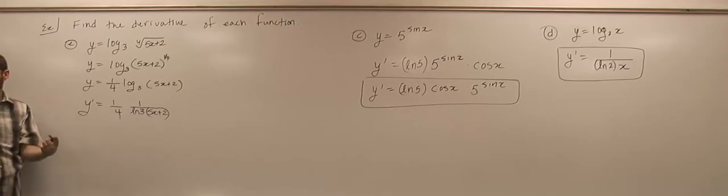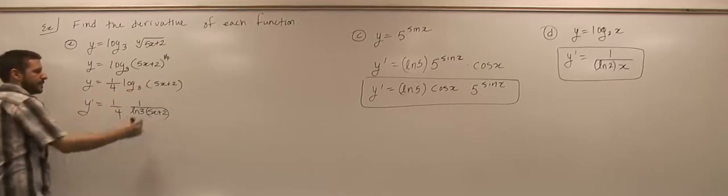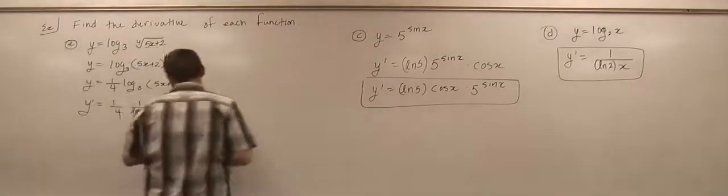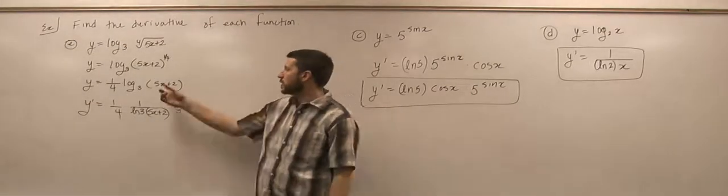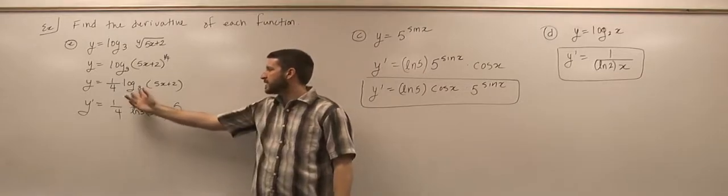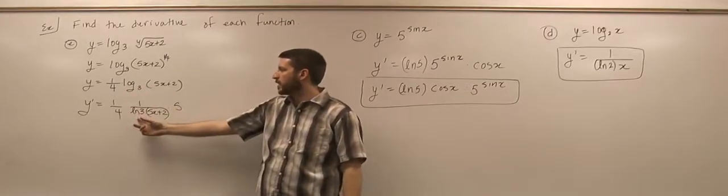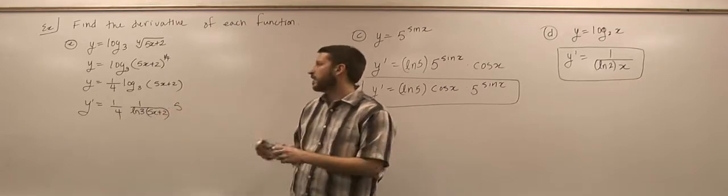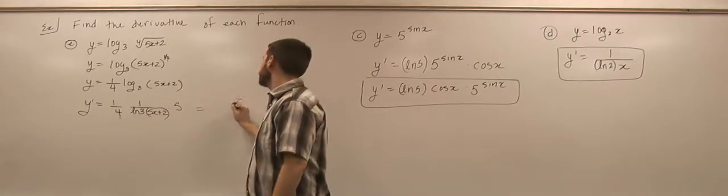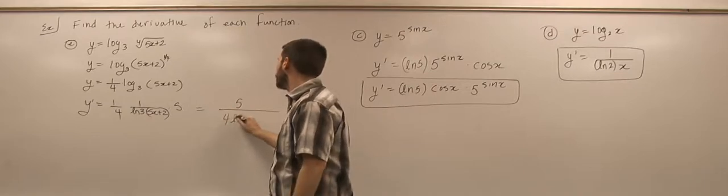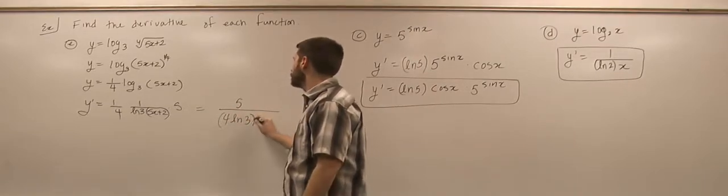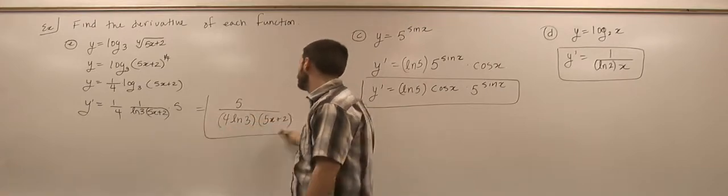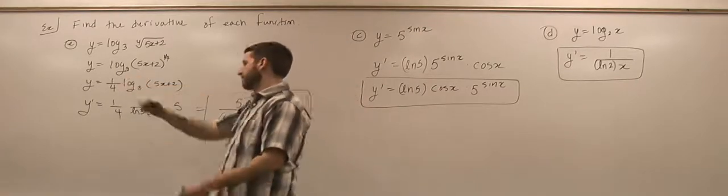Chain rule: times the derivative of the inside, which is 5. So altogether, you should get 5 over 4 ln 3 times 5x plus 2.